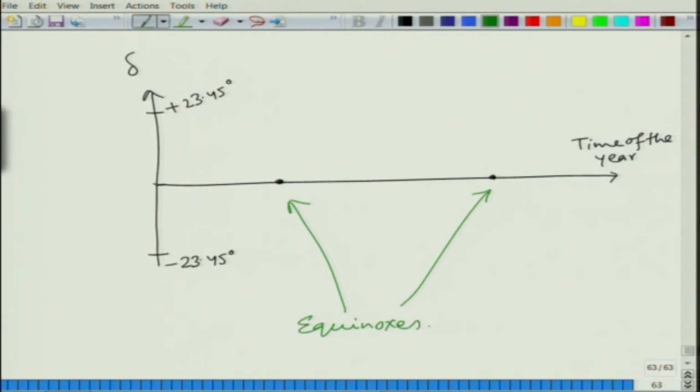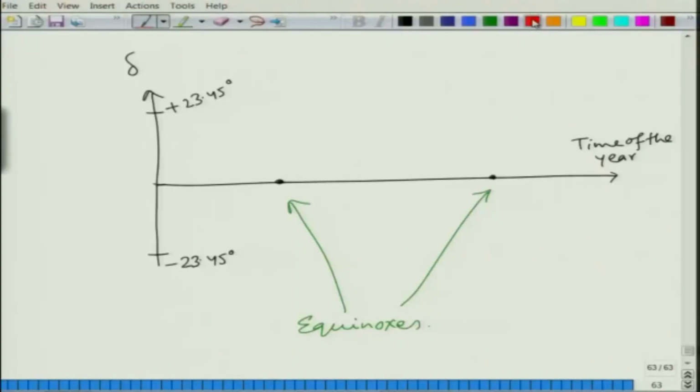Now, delta will be maximum, that is positive 23.45 degrees, in case of summer solstice. So, let us say we will have here the summer solstice. And winter solstice will be in December.